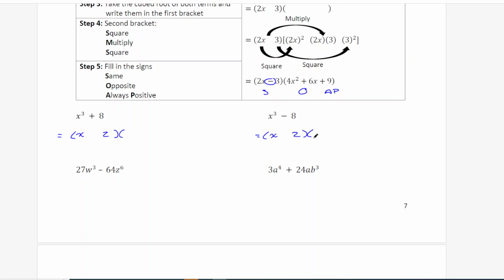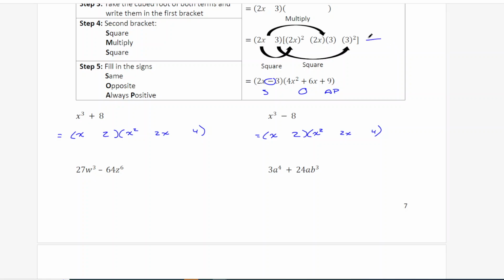Nothing different. Into the second bracket, we're going to square the first term. So x squared. Then we're going to multiply these two numbers together. And then we're going to square this last term. Doesn't matter if the second one's different. So square it, multiply, square it.